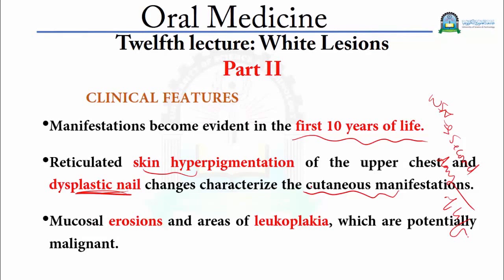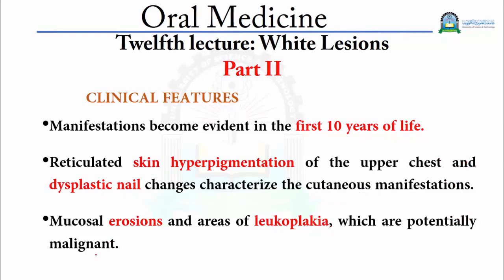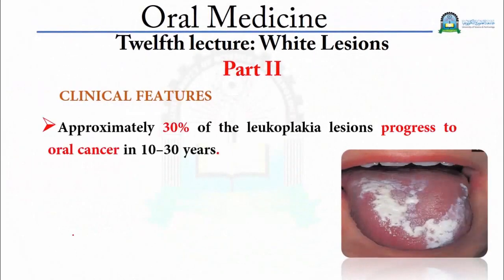Mucosal erosions and areas of leukoplakia will be found in the oral cavity and are potentially malignant. So this lesion is associated with premalignant transformation, in contrast to white spongy nevus, which is benign and has no malignant transformation.